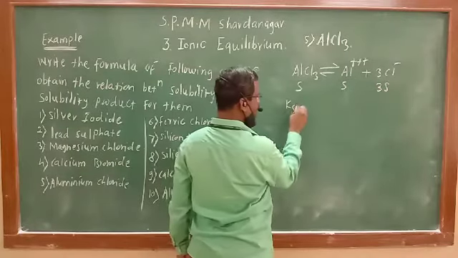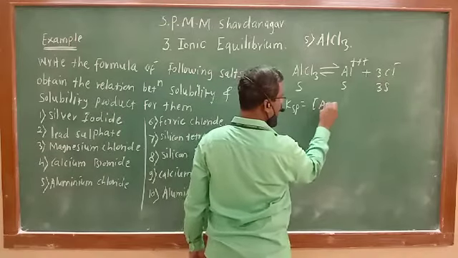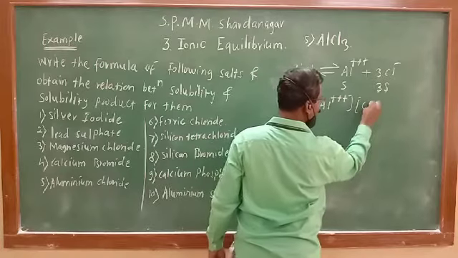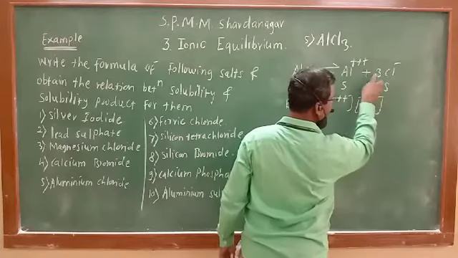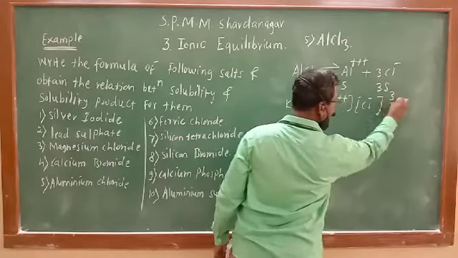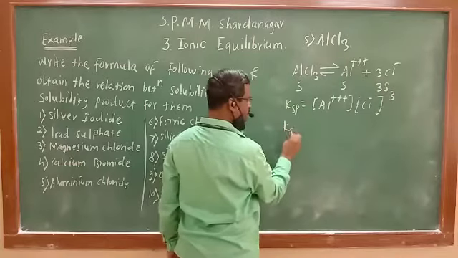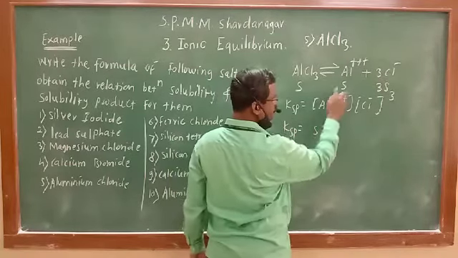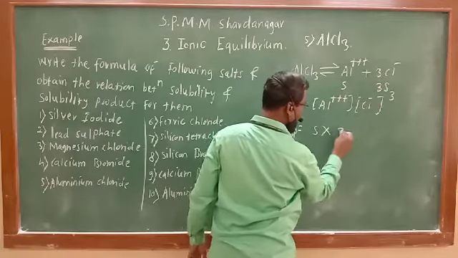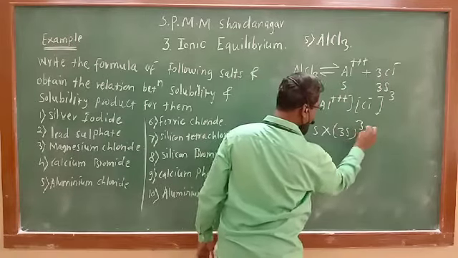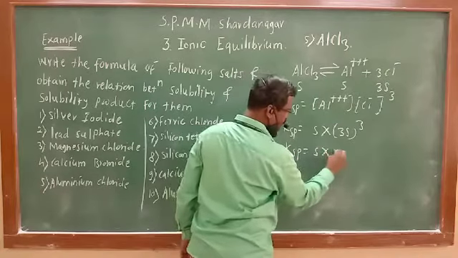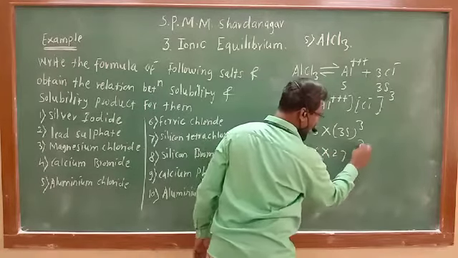So Ksp will be equal to Al plus into Cl minus. The coefficient becomes the exponent, and substituting the values, Ksp is equal to s into 3s raised to 3. Therefore, Ksp is equal to s into 27s cubed.